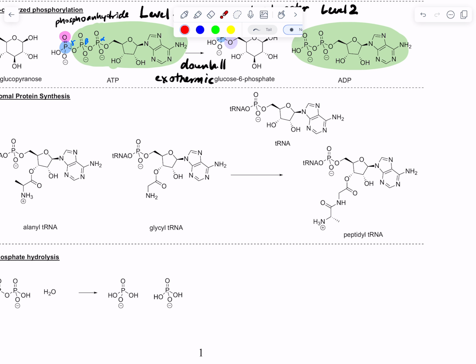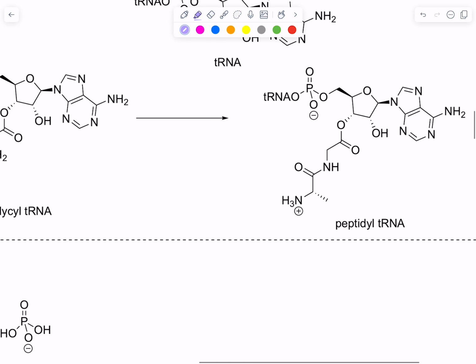So between an NH and this carbonyl oxygen, what is the name of that functional group? Amide. Yep. It's like an ester, only it's nitrogen instead of oxygen. Okay?